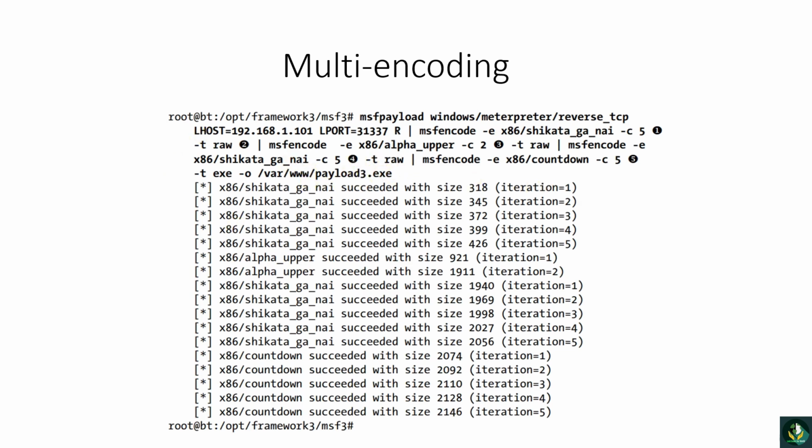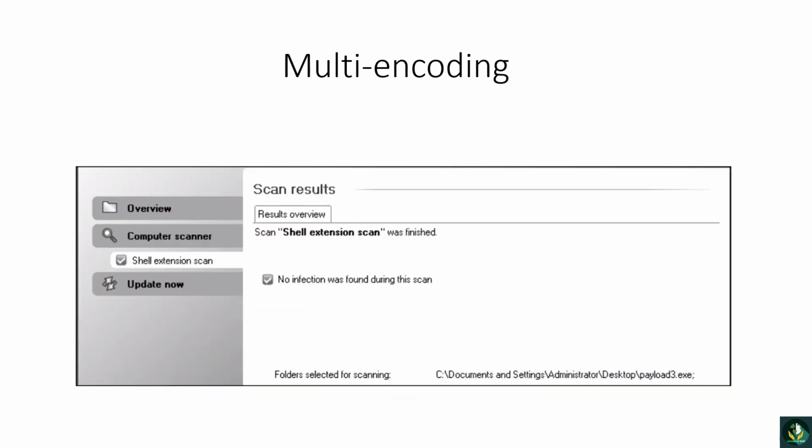So we are using a total of 17 encoding loops in an attempt to circumvent the antivirus software, and as you can see, we have successfully slipped our payload past the antivirus engine. So AVG has not detected the multi-encoded payload here.